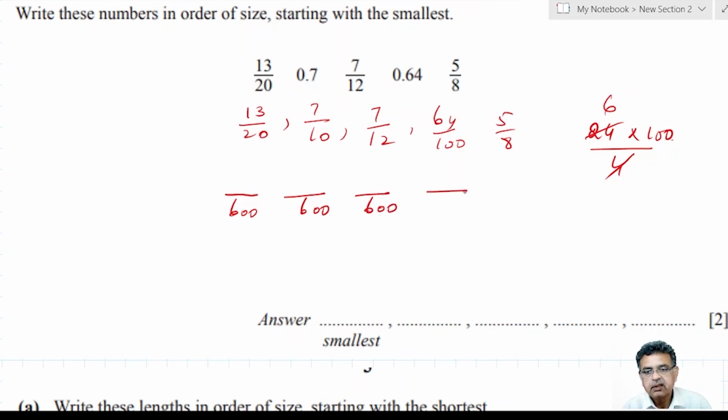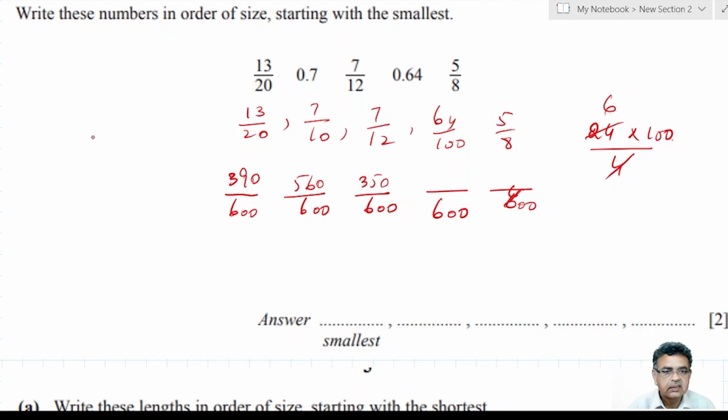600 for every value. So 600 divided by 20, that will be 30. So this will be 390. Now divided by 10, 60, 7 6s are 56. Divided by 12, 50, 7 5s are 35 with 0.